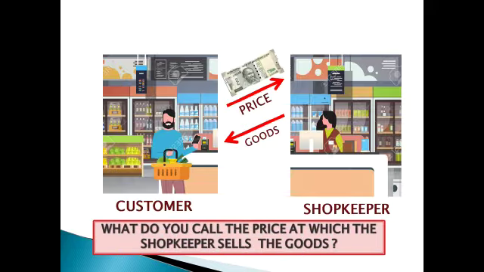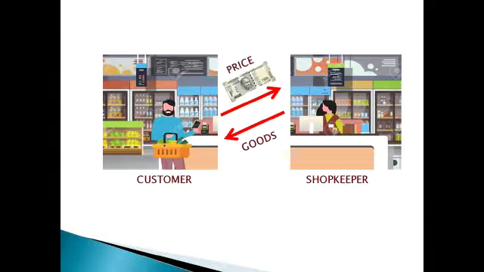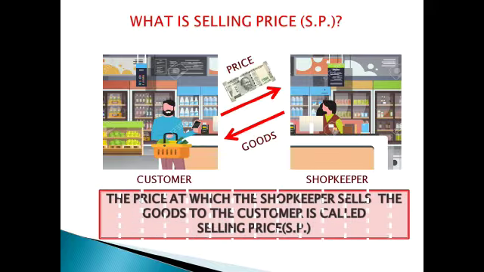Dear children, can you guess what you call the price at which the shopkeeper sells the goods? The price at which the shopkeeper sells the goods to the customer is called selling price, or in short we call it SP.